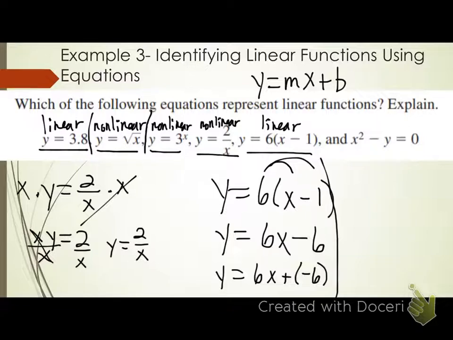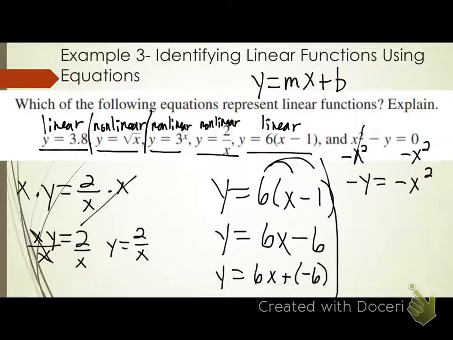How would I get rid of that x squared? If it's a positive x squared, subtract x squared. That gives me negative y equals negative x squared, because 0 minus x squared would just be negative x squared.